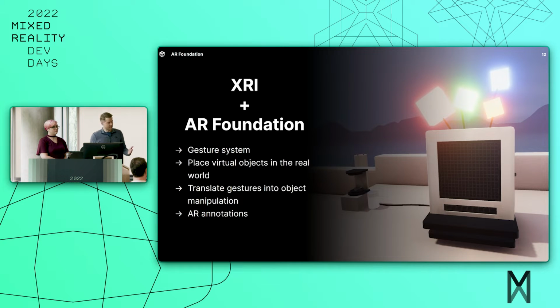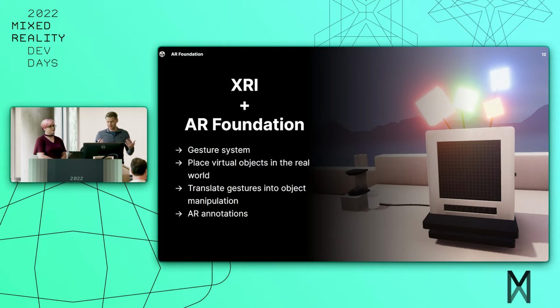So the AR functionality that we provide with XRI on top of AR Foundation are things like an AR gesture system, which maps screen touches to gesture events. It also allows for placement of AR interactables as virtual objects into your real-world mapping.